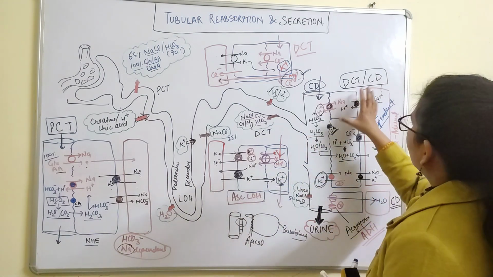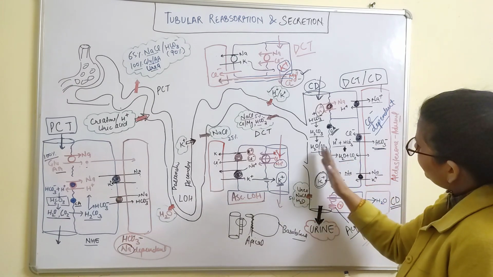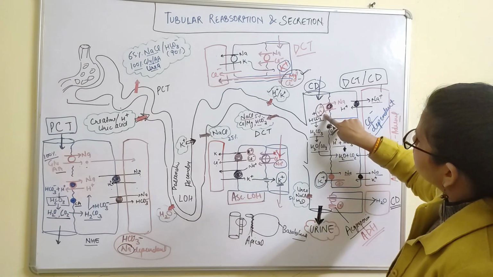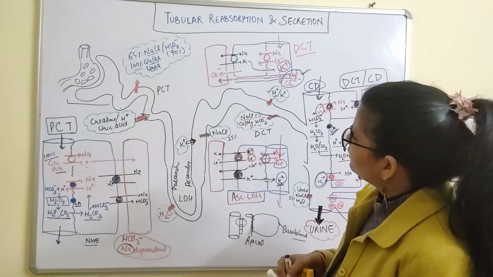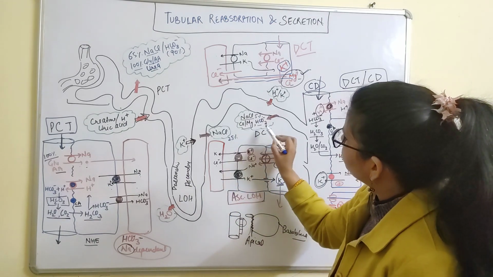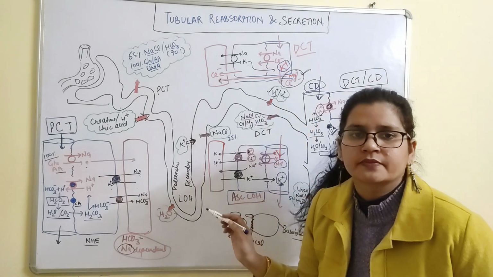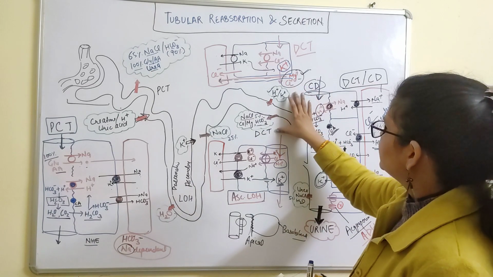So this is all about DCT and CT: how sodium reabsorption occurs, bicarbonate reabsorption occurs, and how potassium secretion and H positive secretion occur. We have seen sodium chloride, calcium magnesium, bicarbonate, and H positive and potassium secretion. So this is all about collecting duct and DCT.